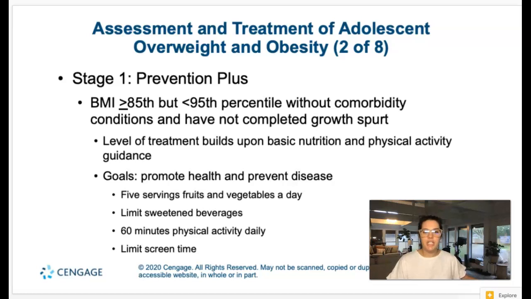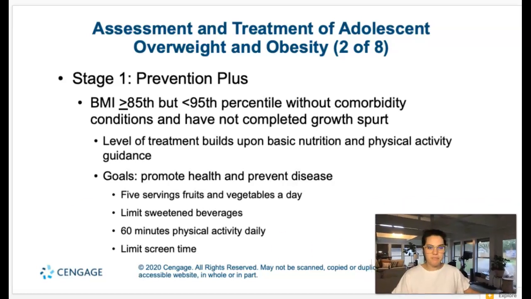So as far as treating overweight and obesity, we briefly discussed this previously, but we are going to first start with prevention. That's why we have My Plate and other nutrition recommendations and goals that help to modify the diet and help to teach adolescents what a good, well-balanced diet is.